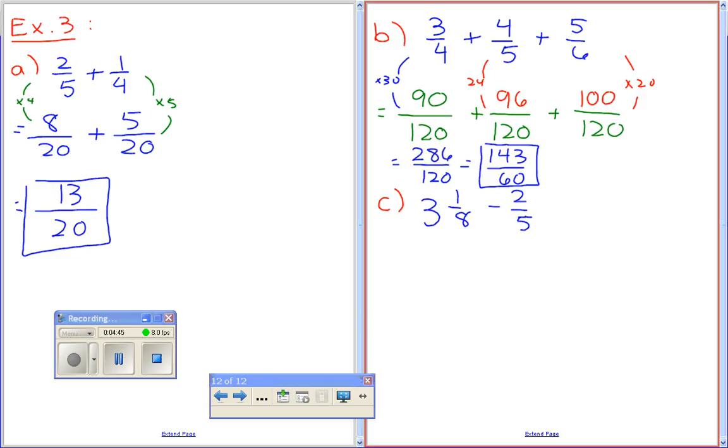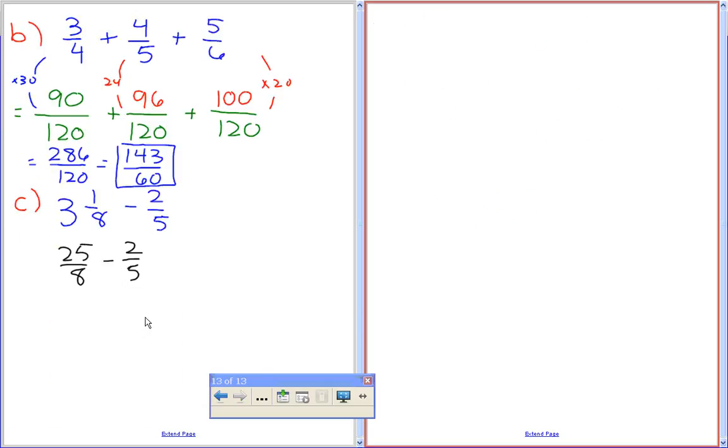I'm going to skip letter C, sorry, for subtraction. I'll do it quick on the board just to make sure it answers, just to go fast, because I want to get to multiplying. Okay, what I did for this one here changes to be 25 over 8 minus 2 over 5, right? Common denominator is going to be 40.